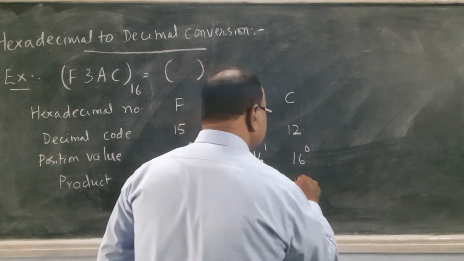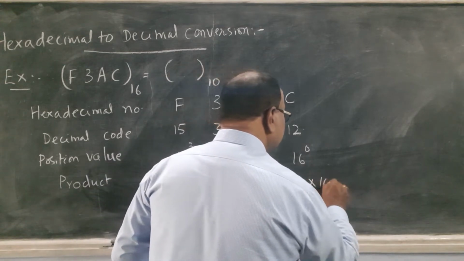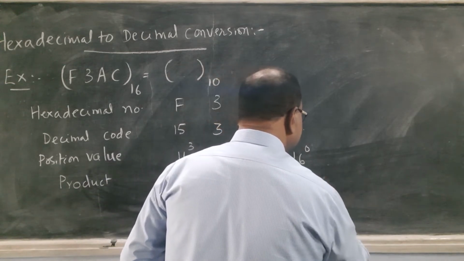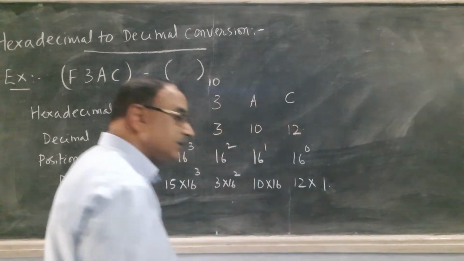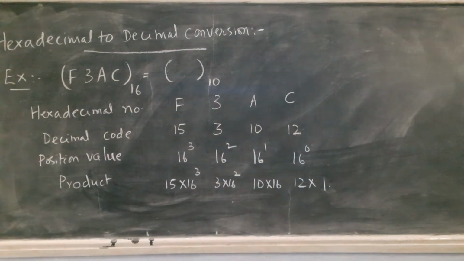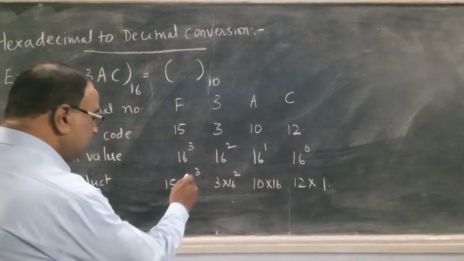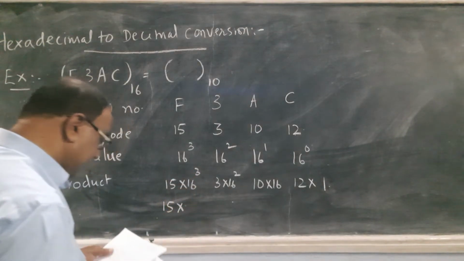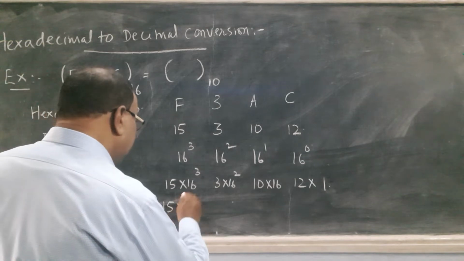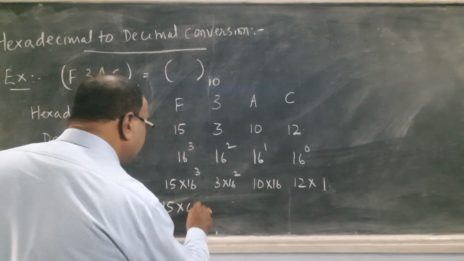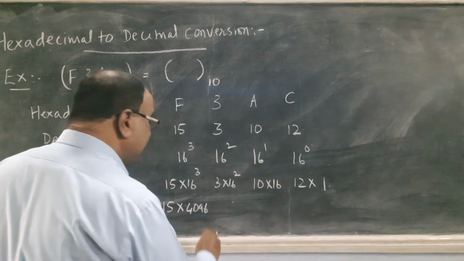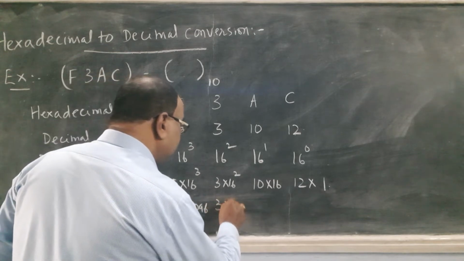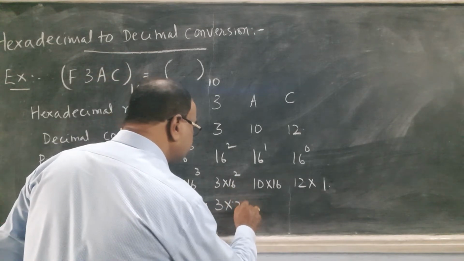So this is 12 into 16 to the power 0, that is equal to 1, right? So now you add all of them. So 15 into 16 to the power 3, it is 4096, right? And this is 3 into 16 square, which is 256.